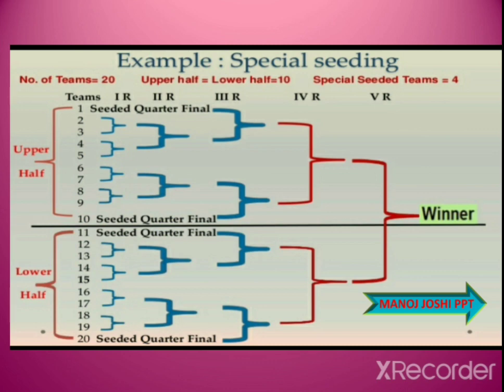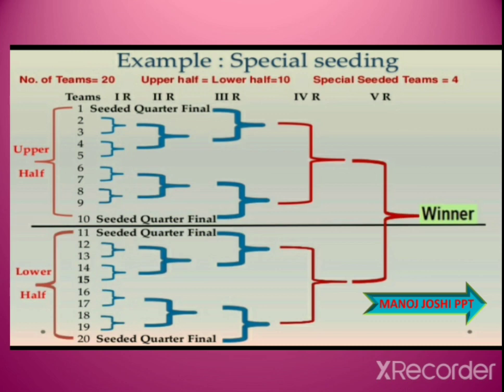The second seeded team we put at the top of the upper half. The third seeded team we put at the first place of the lower half, and the fourth seeded team we put at the bottom of the upper half. This way we have done special seeding for the four places. They are directly qualified for the quarter-final.